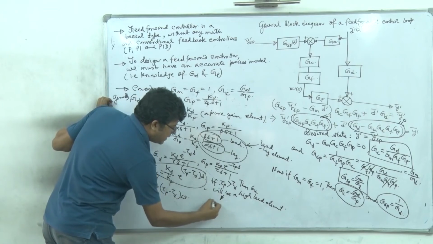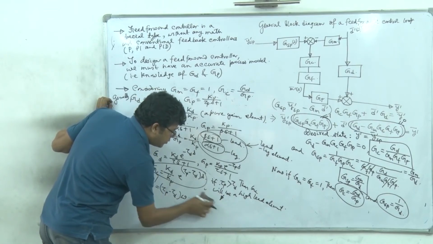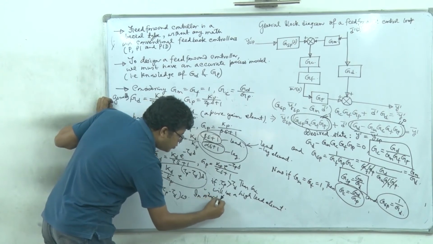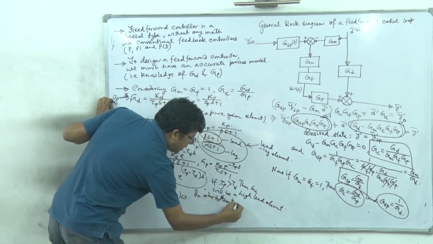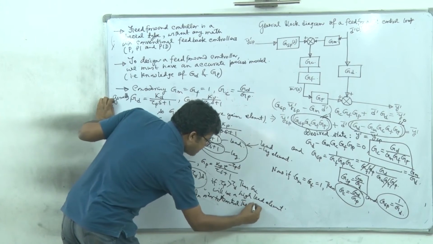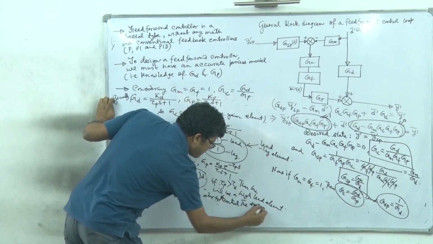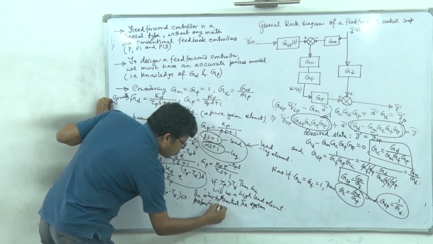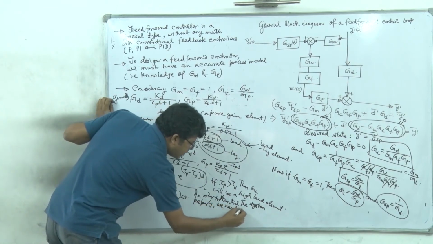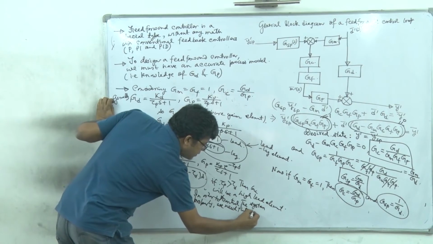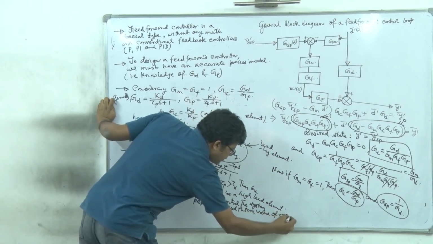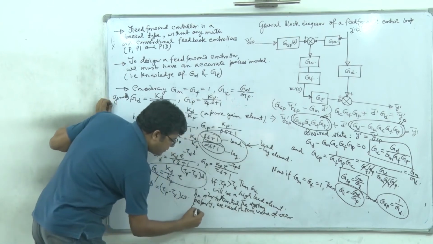Which alternatively indicates that, in order to control the system properly, we need the future value of error.